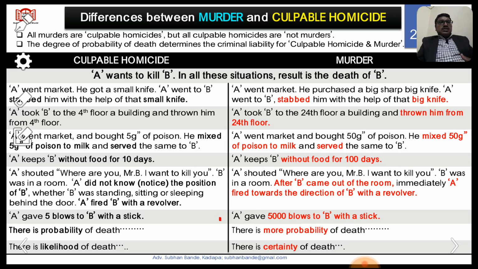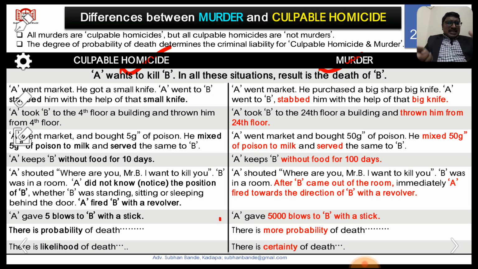Then A fired at Mr. B with a revolver. A wants to kill Mr. B. The result is the death of Mr. B. A doesn't know the position of Mr. B, but the ultimate result is the death of Mr. B.